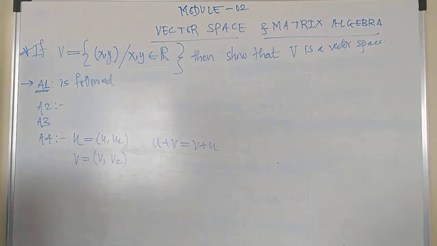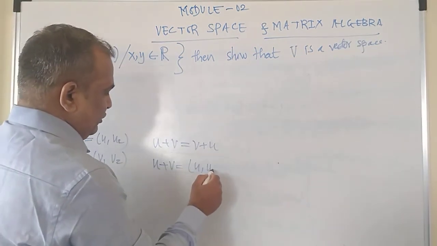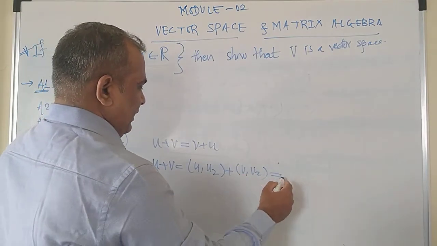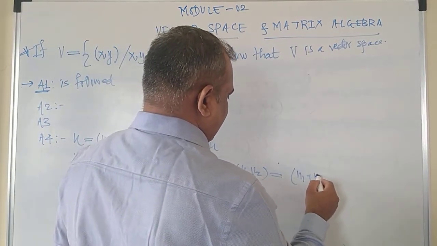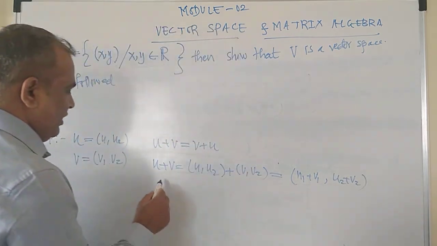So let's add them. So u plus v will give you u1 u2 plus v1 v2. This will give me u1 plus v1 and u2 plus v2. Got it?